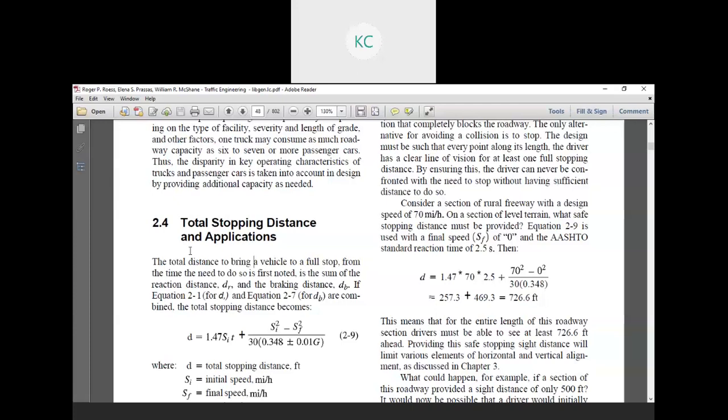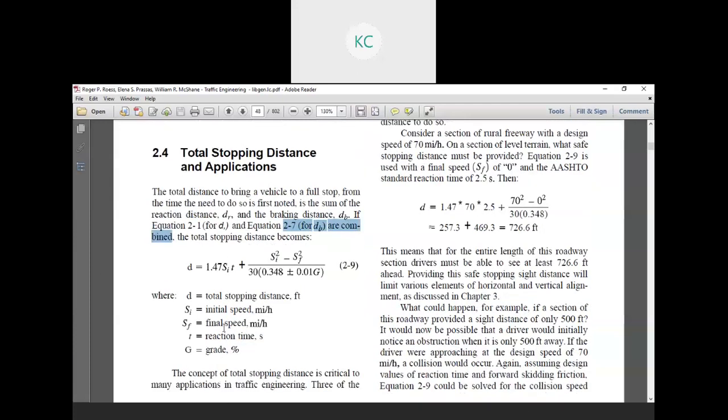is known as the stopping distance. The total distance to bring a vehicle to a full stop from the time the need to do so is first noted is the sum of the reaction distance d_r and the braking distance d_B. The equation is d = 1.47 V t + V squared divided by 30 (f plus or minus 0.01 G), where f is 0.348.